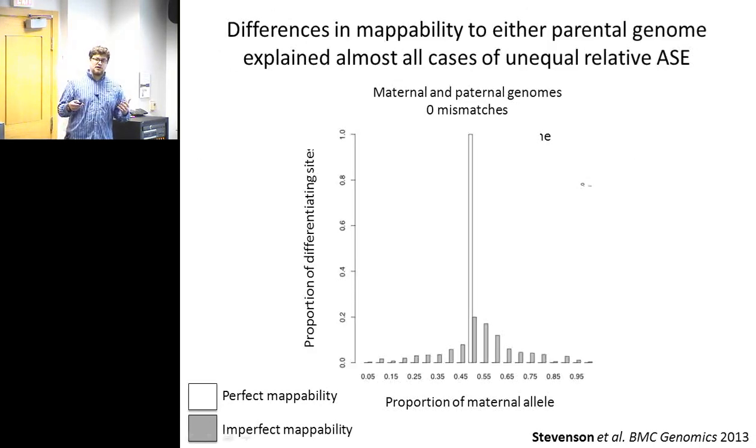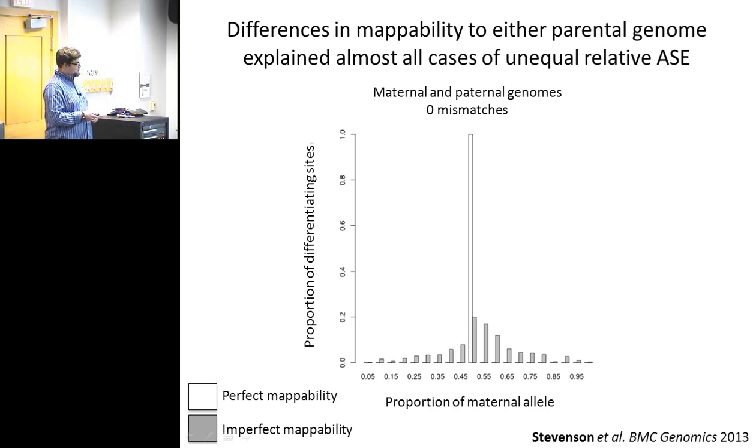Also, not entirely surprising, this explained almost all cases of unequal allele-specific expression in our strategy where we're aligning to both maternal and paternal genomes. So here again, I'm separating differentiating sites into those that show perfect mappability to both genomes, or those that show imperfect mappability to either genome.